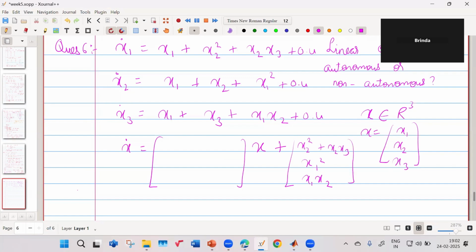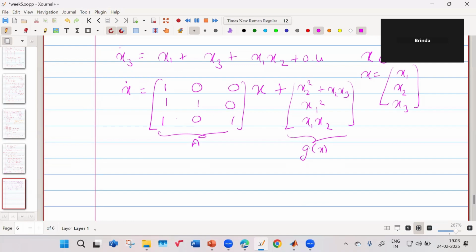But the linear part is this x1, so 1, 0, 0. Then x1 plus x2, so 1, 1, 0. Then x1 plus x3, so 1, 0, 1. So this is the kind of matrix which we consider, and this is the g of x. Okay.